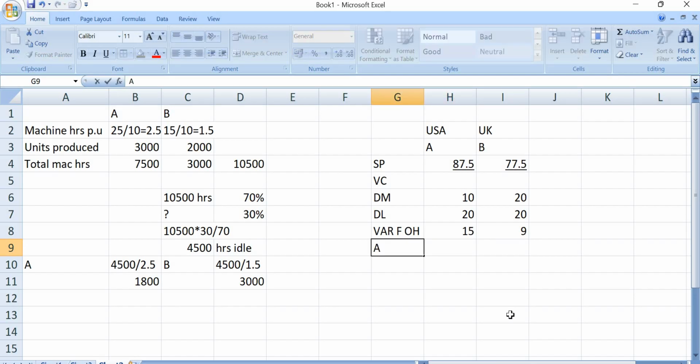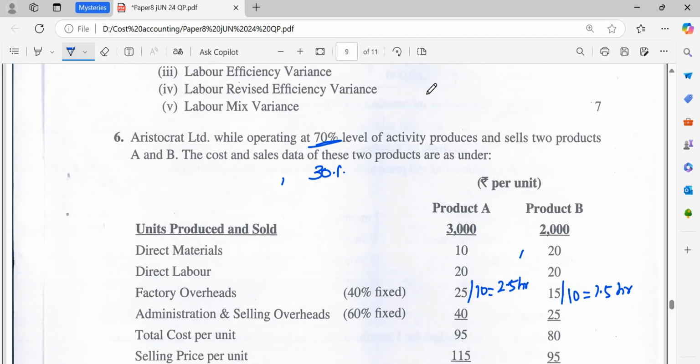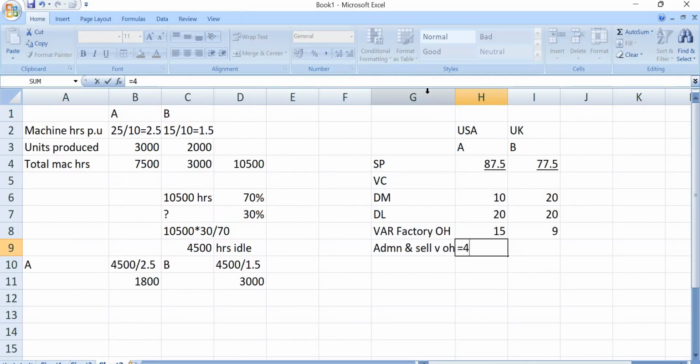After that, we will have administrative and selling variable overheads only. In administrative, we have 40% as variable, so 40 into 40%, that is 16.